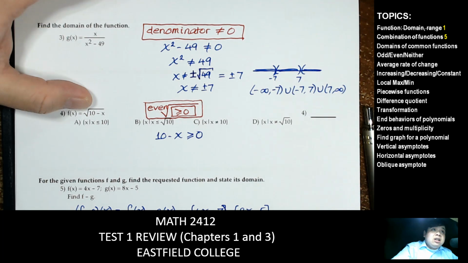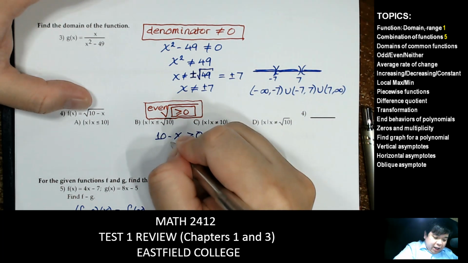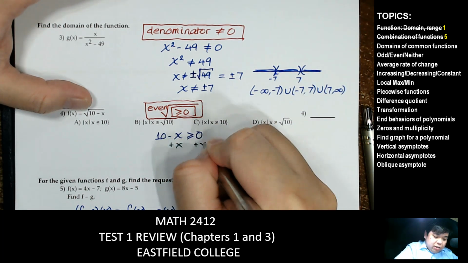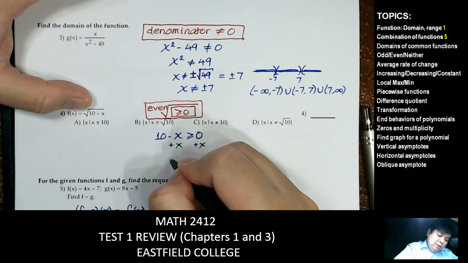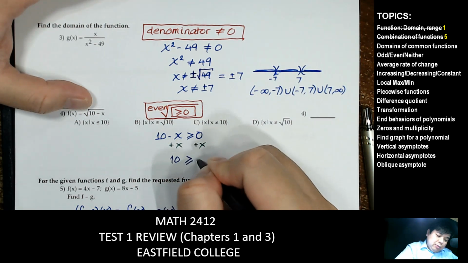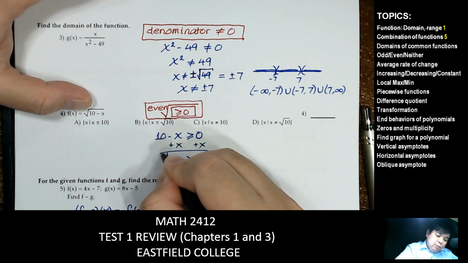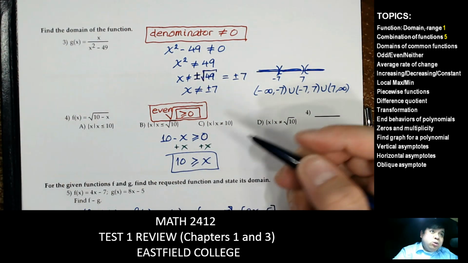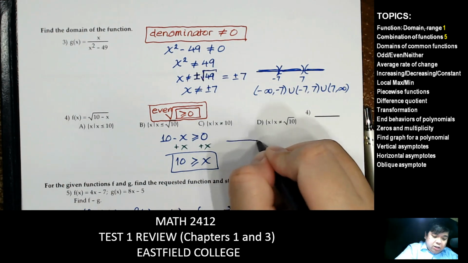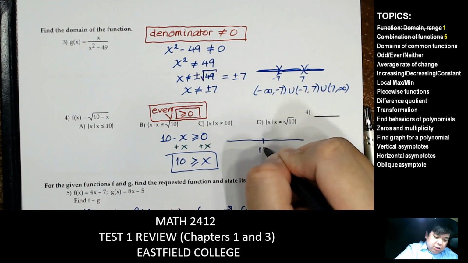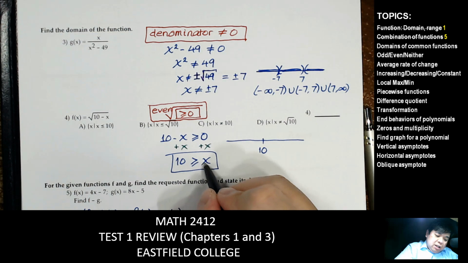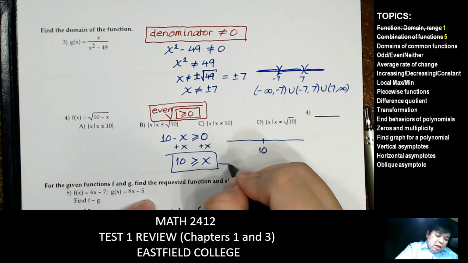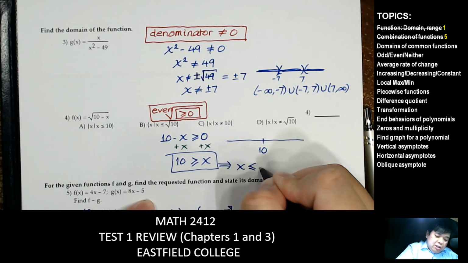If we solve for x, we're just going to add x on both sides. And pretty much we have x less than or equal to 10. It's better to just write x less than or equal to 10.